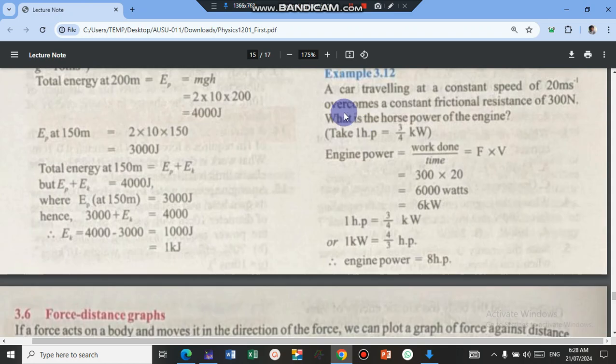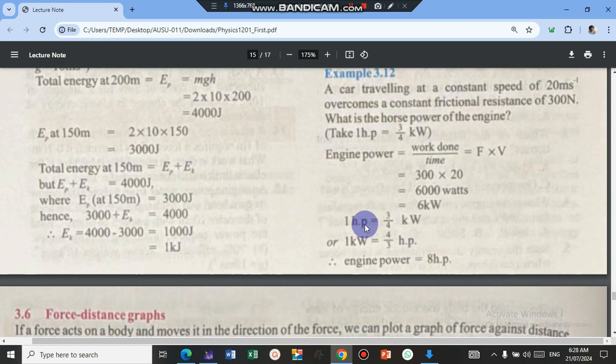And in bracket we are told 1 horsepower is 3 over 4 kilowatt. So we want to know 1 kilowatt is what? You multiply both sides by 4 over 3, so that 4 over 3 will be cancelled here and it will appear here. So 1 kilowatt will be 4 over 3 horsepower.